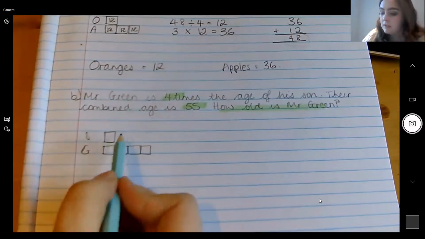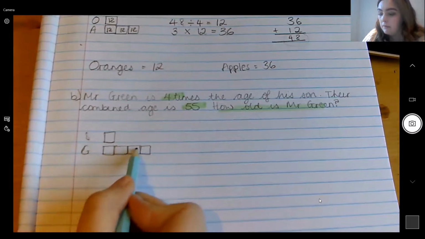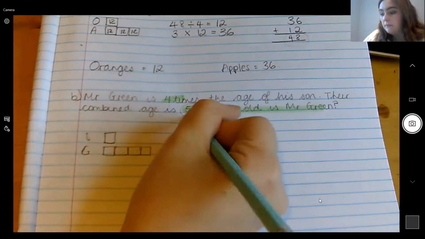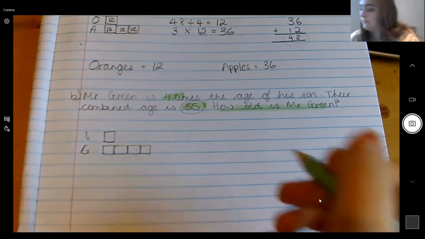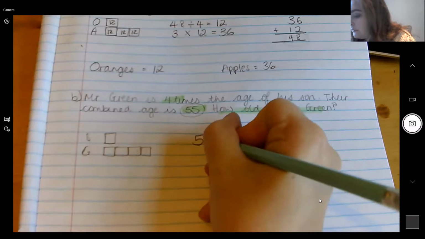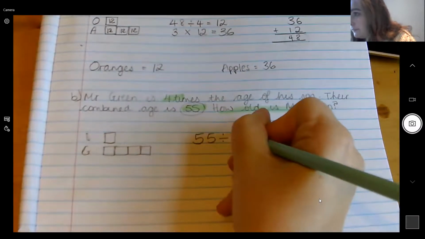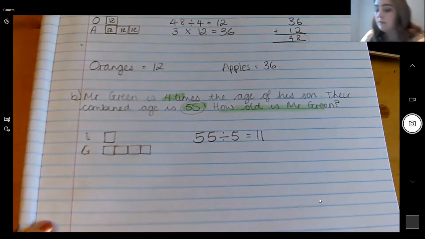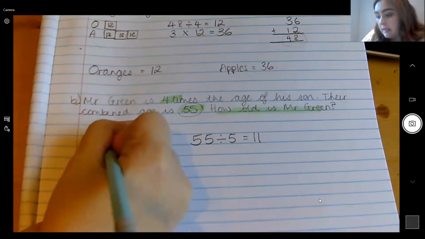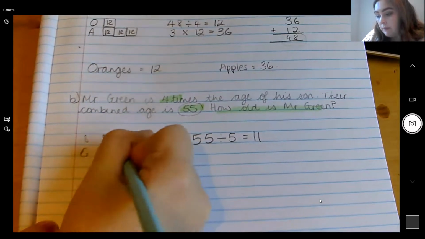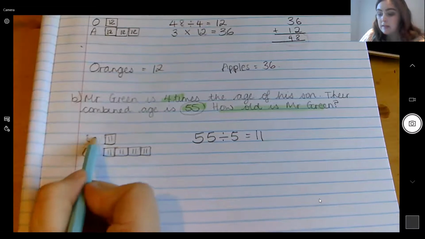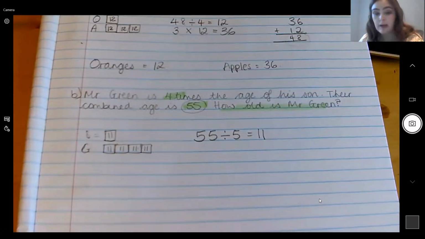So if we count all the boxes, we've got 1, 2, 3, 4, 5. So what I'm going to do next is divide 55 by 5. 55 divided by 5 equals 11. So then I know that in each of these boxes, it's going to be worth 11. That means his son is 11 years old, but we want to work out how old Mr. Green is.